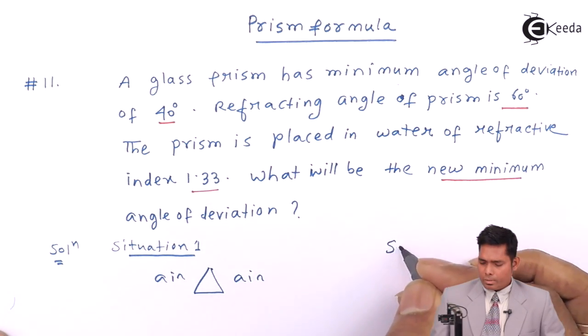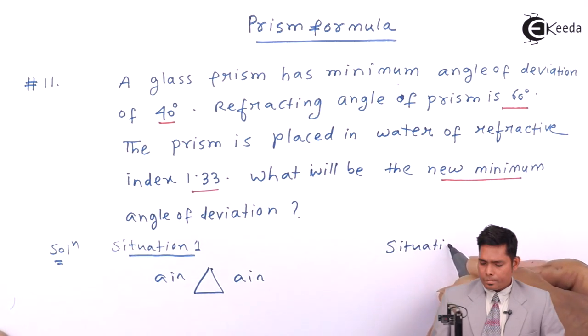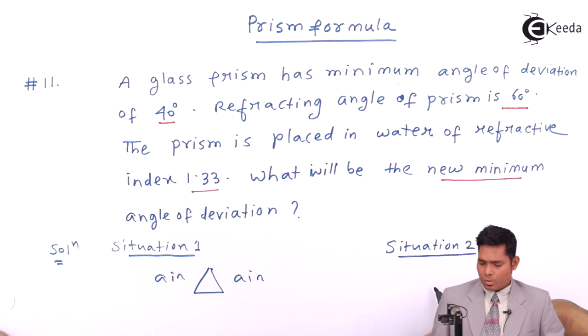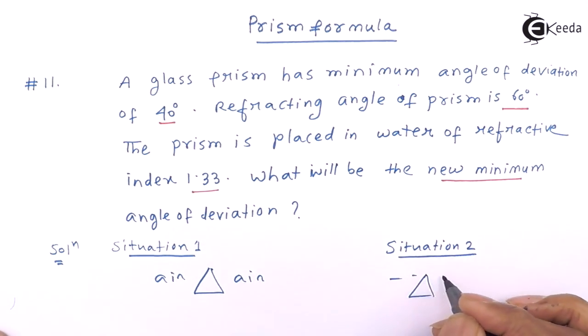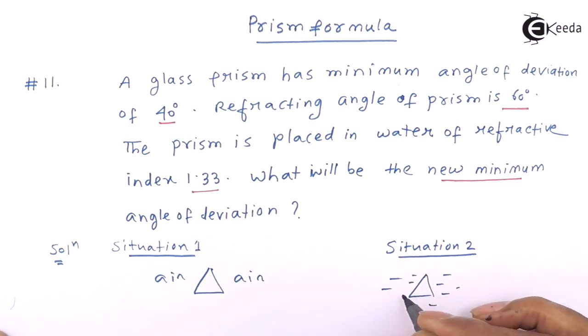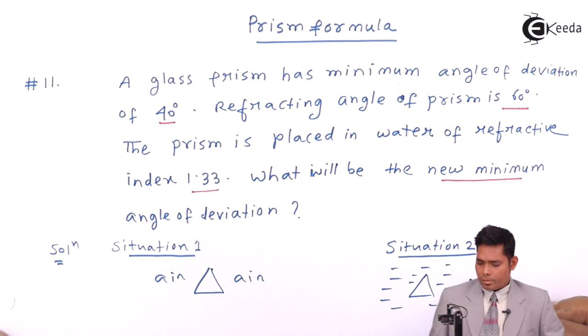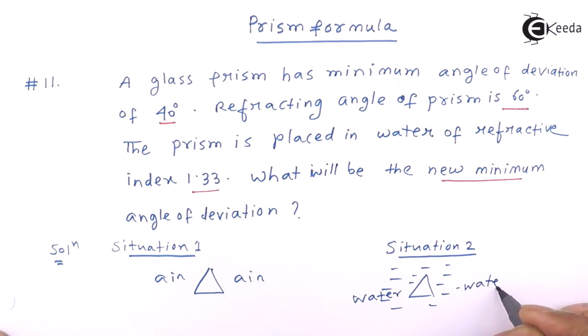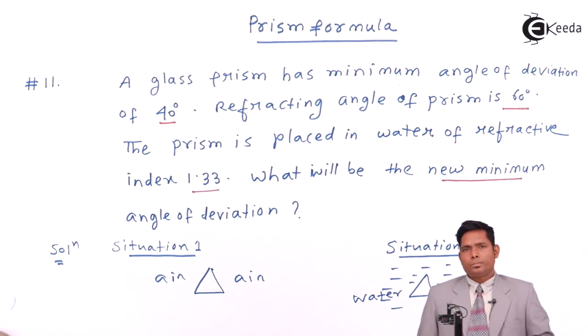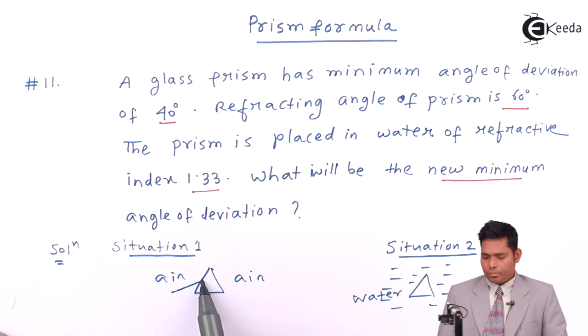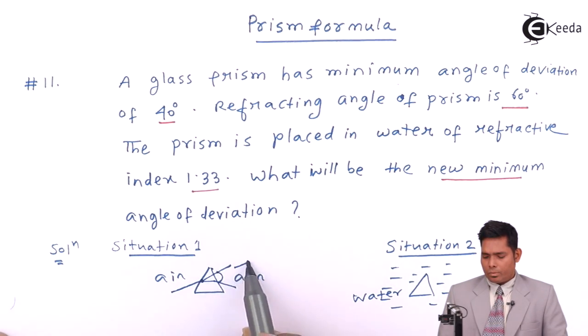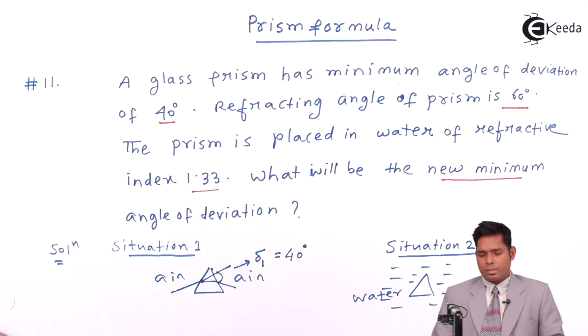The second situation, the prism is in water. So the ray which is traveling here has minimum deviation of 40 degree. So first case.